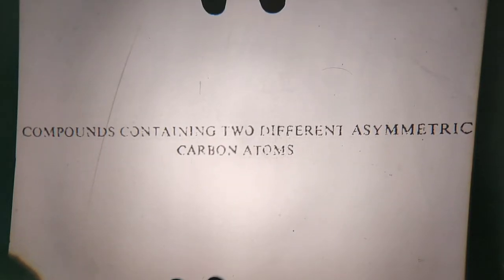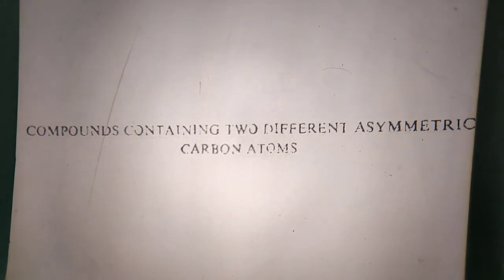The next important issue is again of crucial importance. So now you can see that the compound containing one asymmetric carbon atom will behave in a different way. And the compound containing 2 different asymmetric carbon atoms will also behave in a very different way. Now you can look into it as an example: 2 asymmetric carbon atoms.